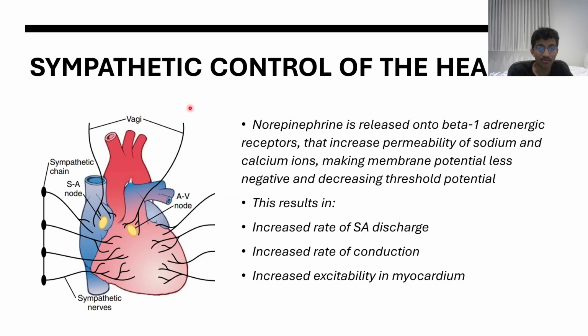Now let's talk about sympathetic control of the heart. The heart is controlled by sympathetic fibers from T1 to T4. Okay, these nerves release norepinephrine onto beta-1 adrenergic receptors. What they do is they increase the permeability of sodium and calcium ions.